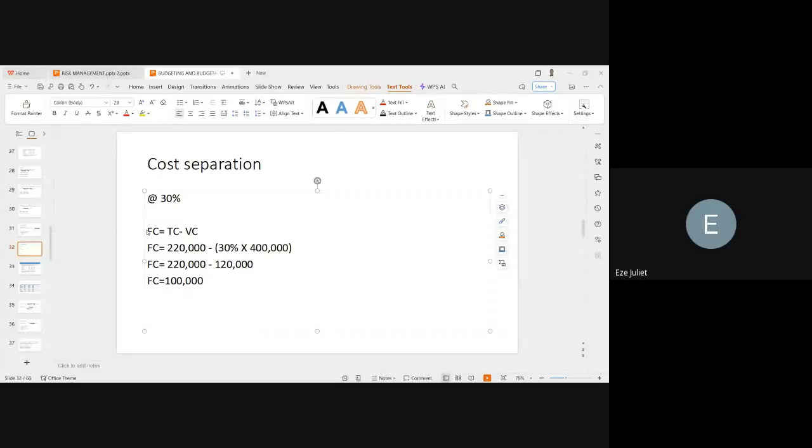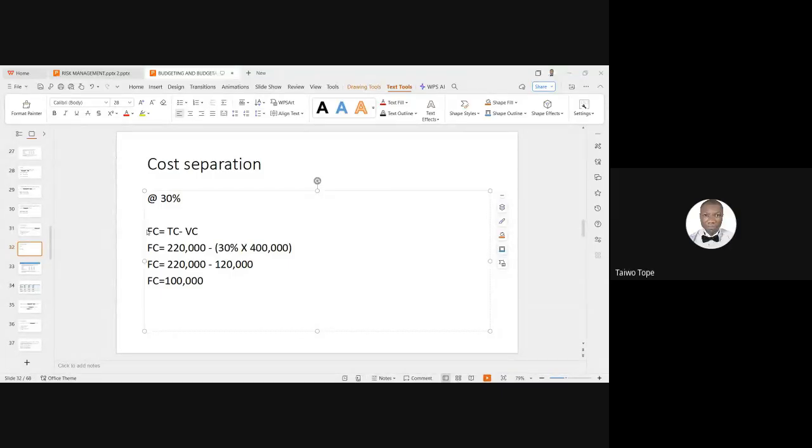So in that 400,000, what is the portion of fixed cost and what is the portion of variable cost? So we come up with this formula.